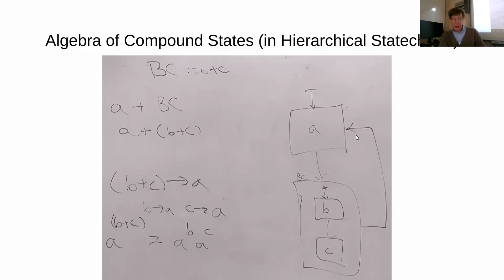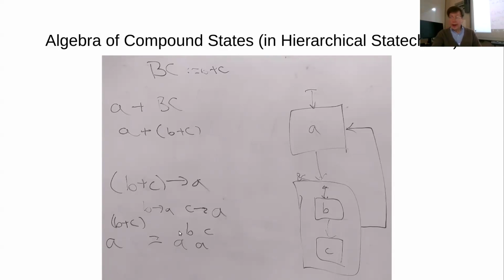What that's saying is that if you have a transition from BC, you can go either from B to A or from C to A. And the way we can write that is in this sort of notation. I won't get into explaining the algebra of this, but it's basically a means of going from B plus C to A, and you can factorize it. The algebra works as we're used to: A to the B plus C, with familiar algebra, is the same as A to the B times A to the C, right?